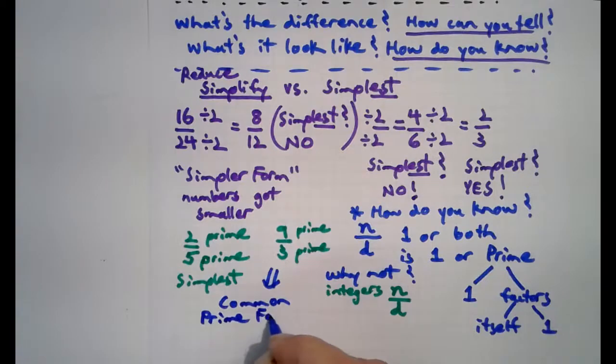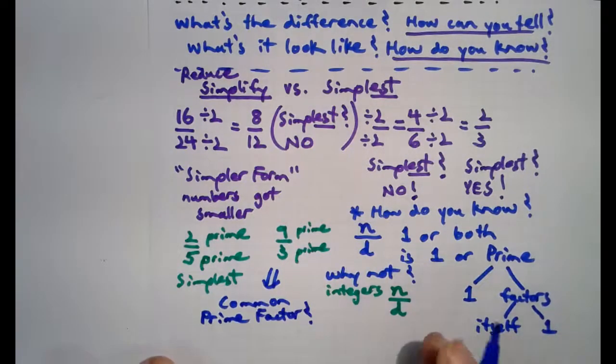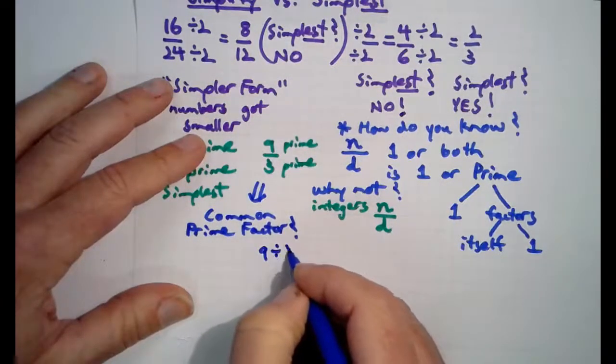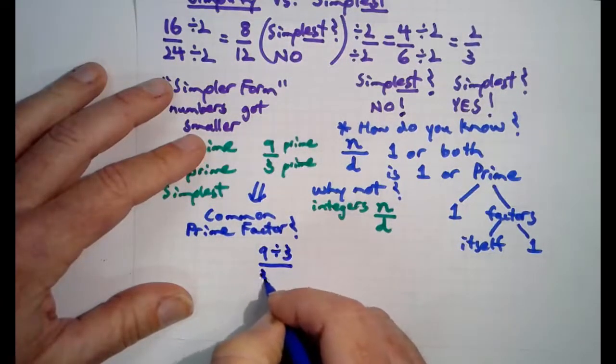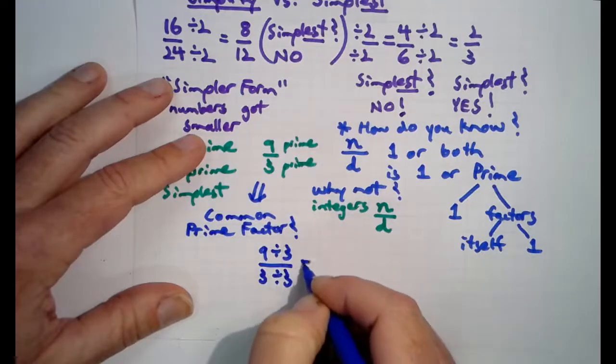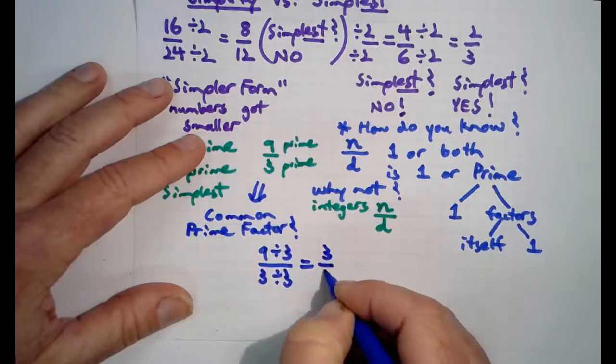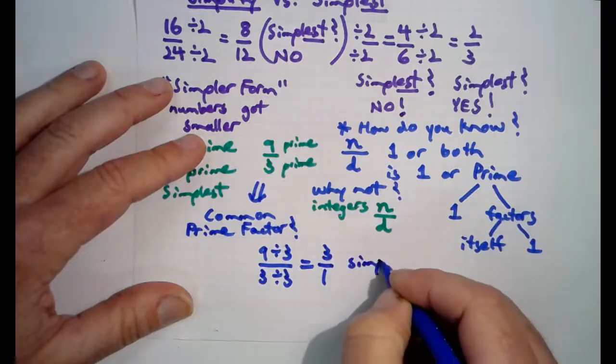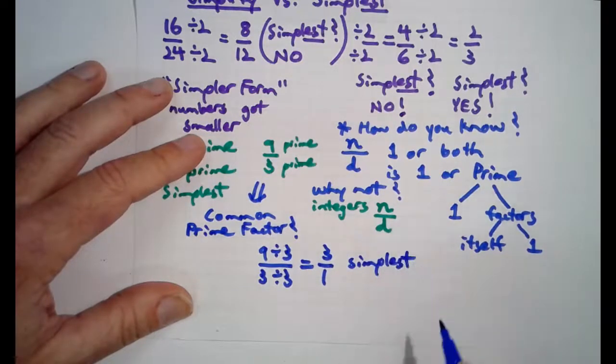And the answer is yes. We can divide top and bottom by 3. And now we have 3/1. Now it's simplest. Okay.